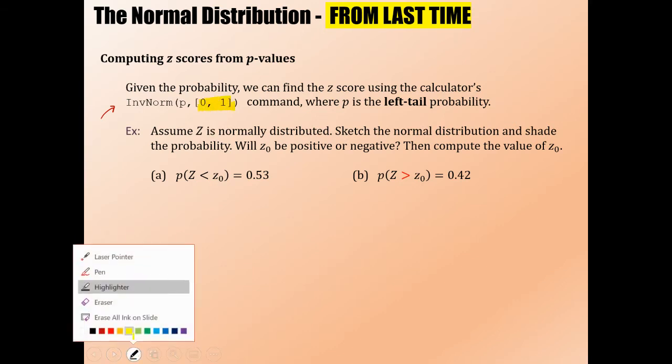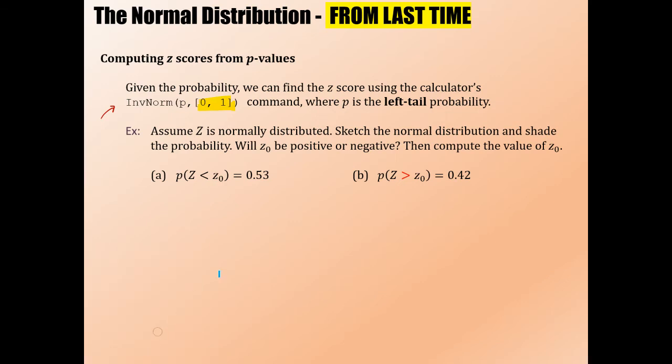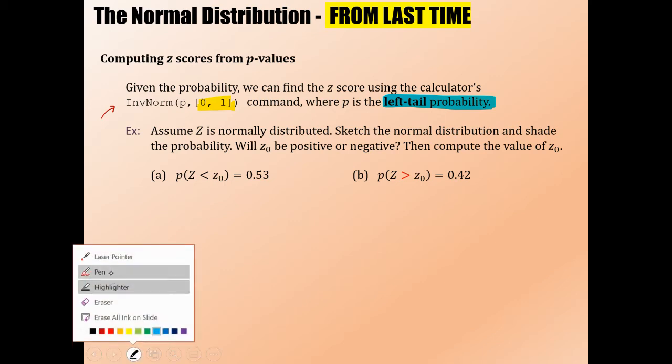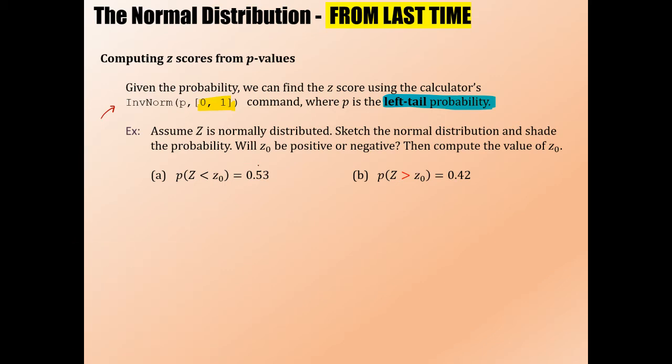What you do need to make sure that you're aware of is that this ends up being a left tail probability, right? When you're given it, the way I might be drawing it or shading it is if this is 0.53, my calculator is going to calculate where 0.53 is that z score and less. Right, so just be mindful of that and pay attention when you're doing this to, is it positive or is it negative?